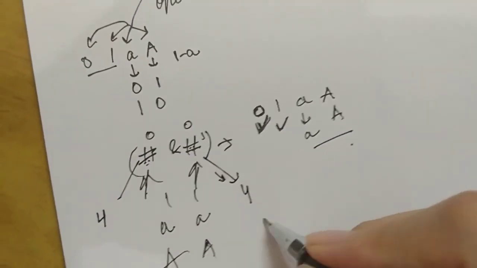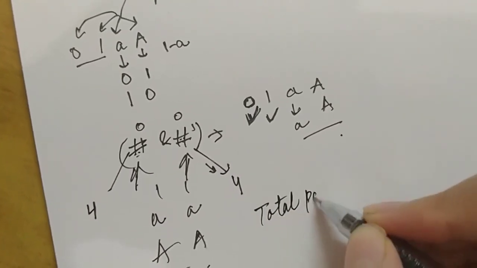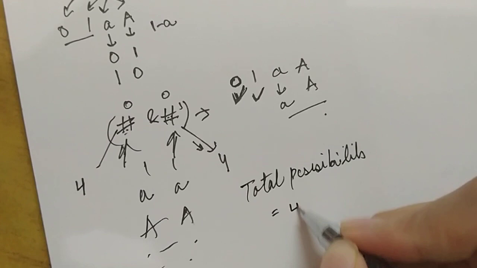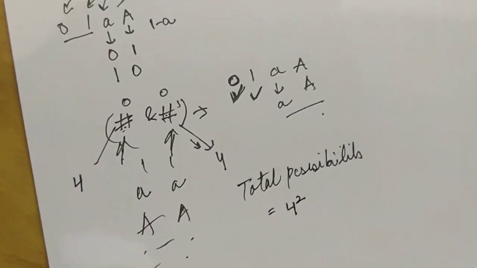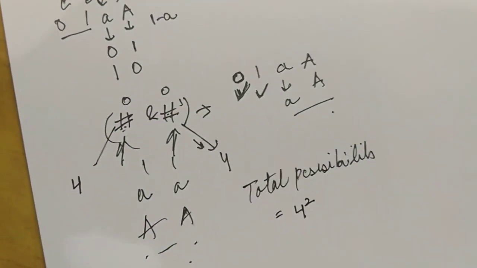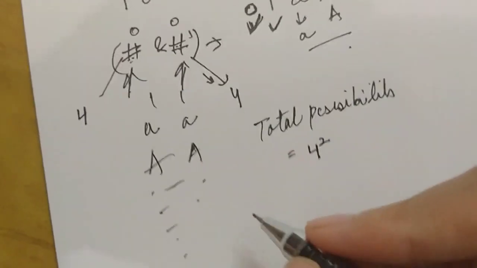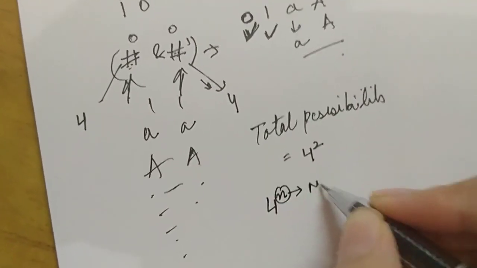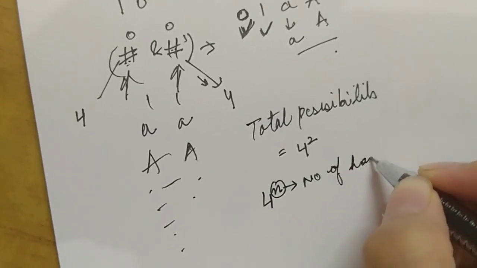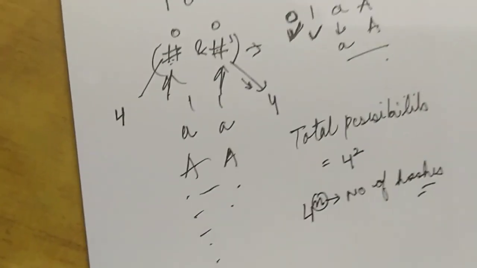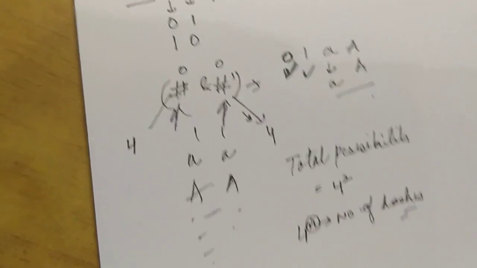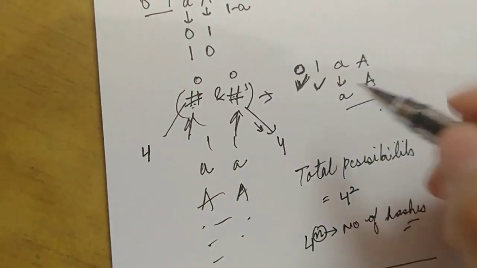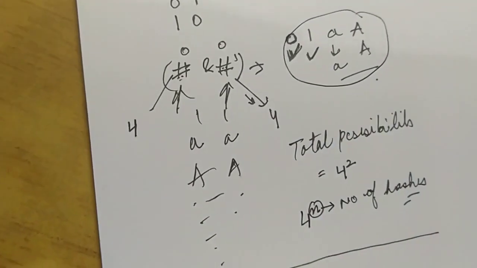So total possibilities are 4 to the power 2. Total possibilities that our expression may evaluate to are 4 to the power n, where n refers to the number of hashes. This is the problem statement and we have to find the probability of each value.